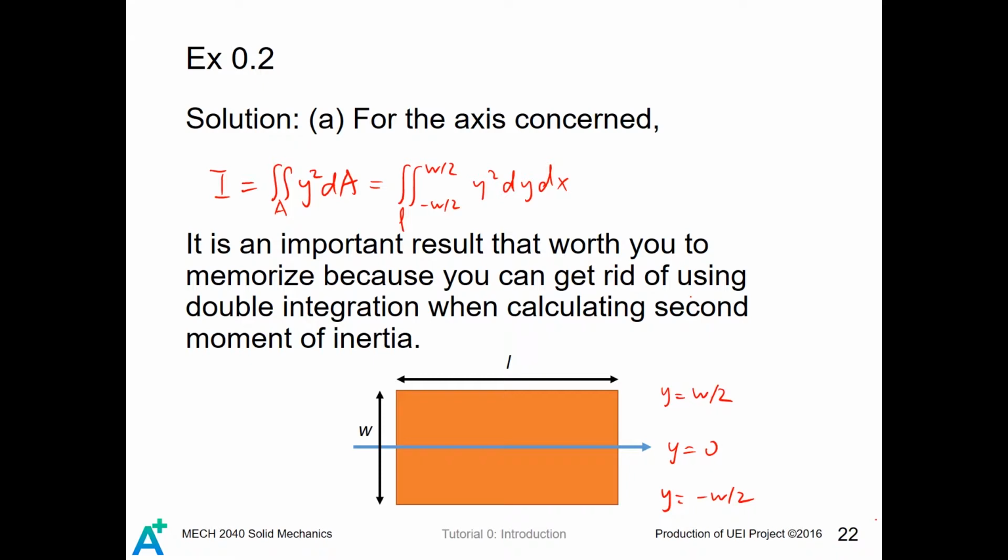So you know that for the inner integral, after you evaluate, it will become a constant. So the integral will become the integral of dx over the length L, which is simply L, times the integral from minus w over 2 to w over 2 of y squared dy.